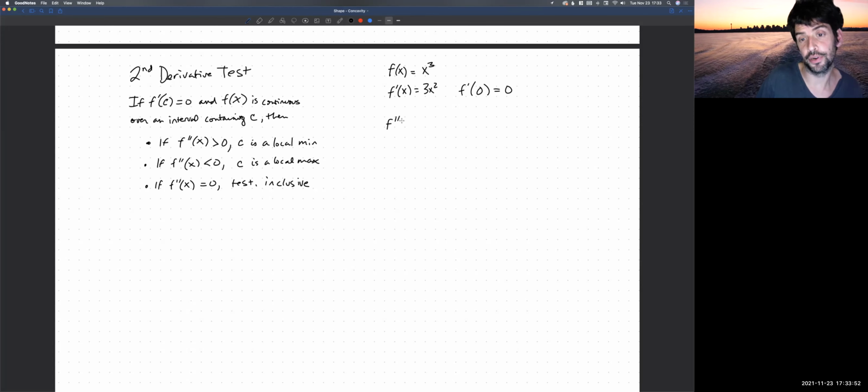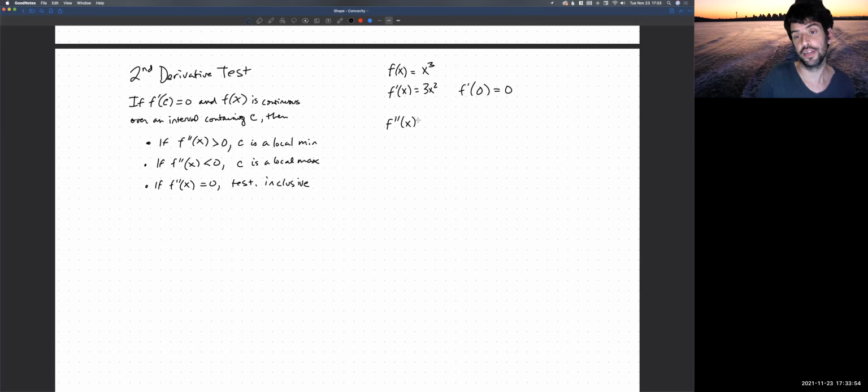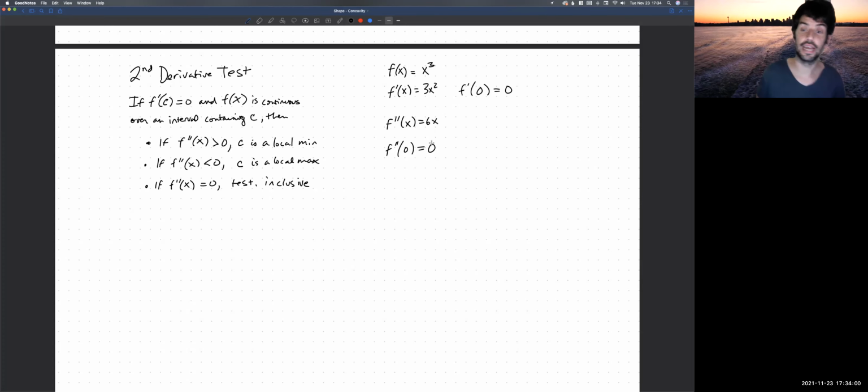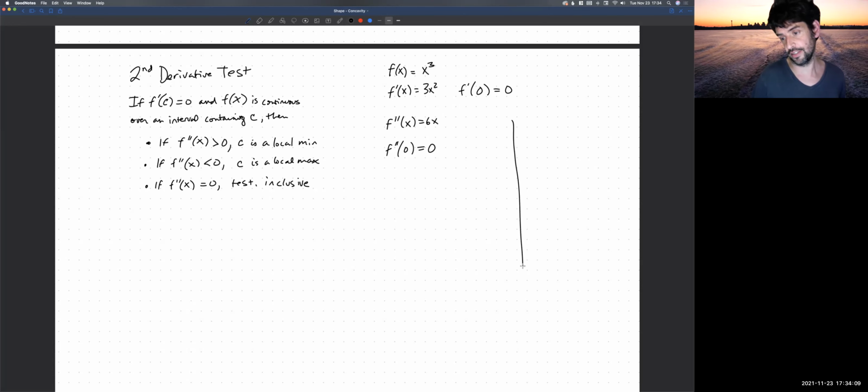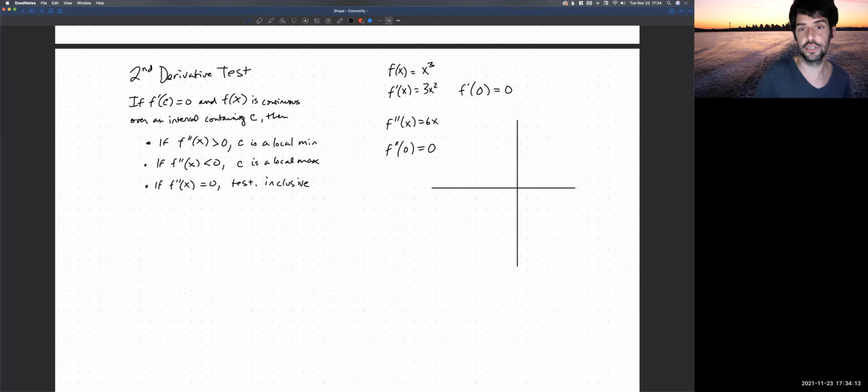And f double prime of x, which is 6x, has the value of 0 at 0 as well, right? This would be in the range of this inconclusive test. So if we look at the graph of x cubed, I can sketch it really quick. The graph looks something like this.